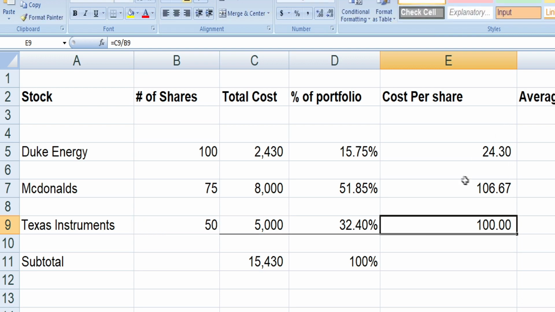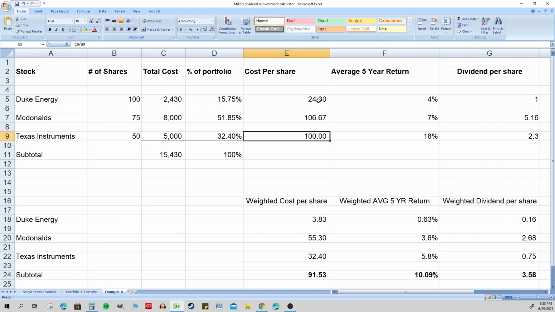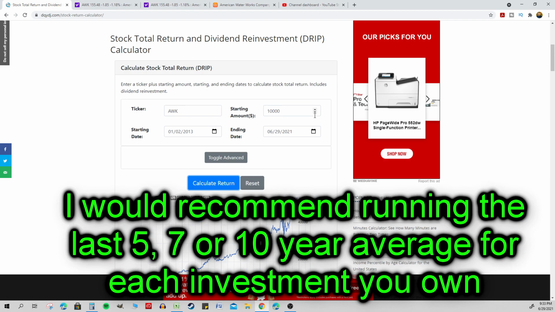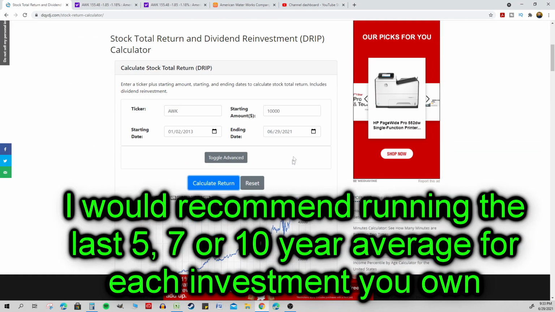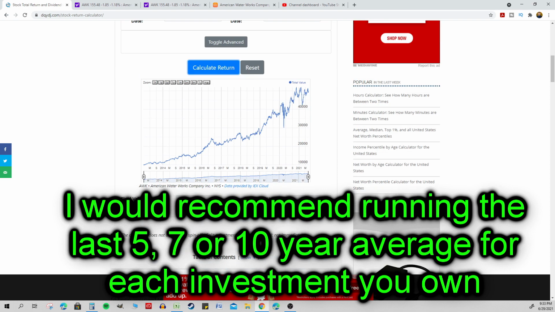So that's that. But here are the things that you need to find out in order to do this. You would do this for each investment in your portfolio to make this work. So it takes some time, especially if you have a lot of investments. Using the website here, the stock market total return calculator, you can figure out what the total annual return is on those investments.